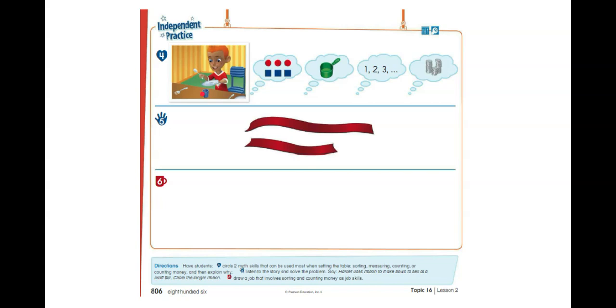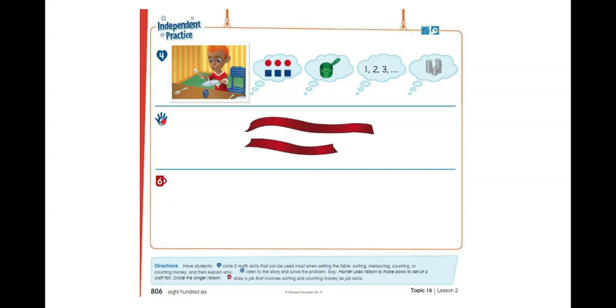And then explain why. So this boy is setting the table. Remember, to set the table means you're going to put plates, spoons, and forks. If you ever help your parents with setting the table, you're going to be doing some sorting and counting because you're going to make sure you have the same amount on each place.